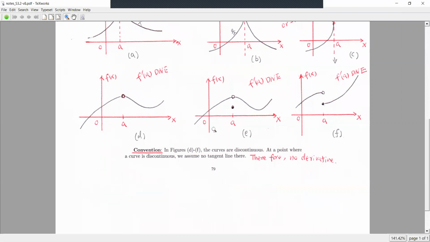Therefore, in each of these three cases, at point A, the graph has no tangent line, because the derivative at A is the slope of the tangent line at point A. At point A, no tangent line, therefore no derivative. The derivative at A doesn't exist.